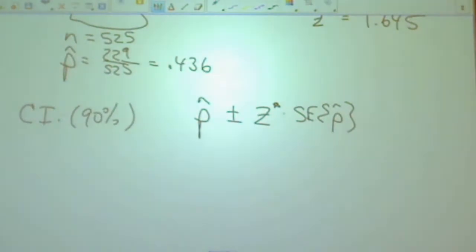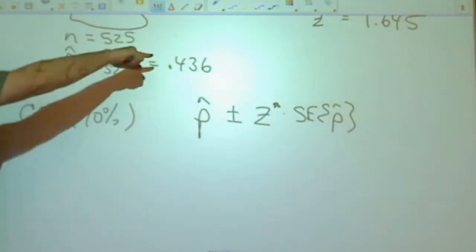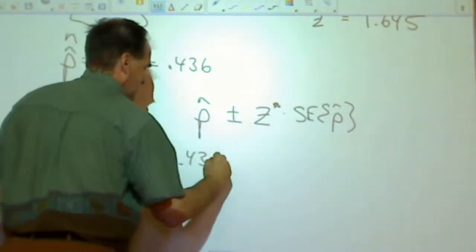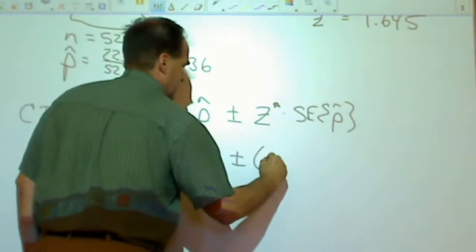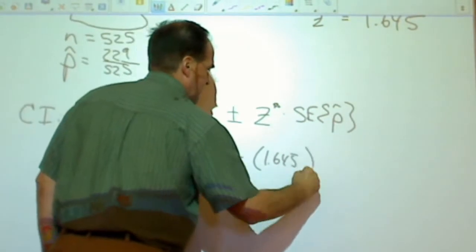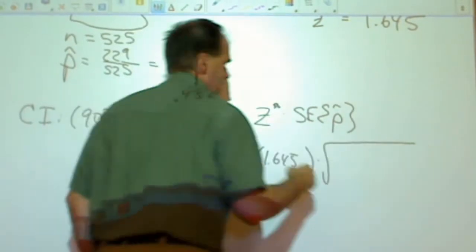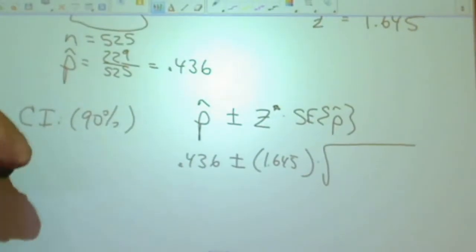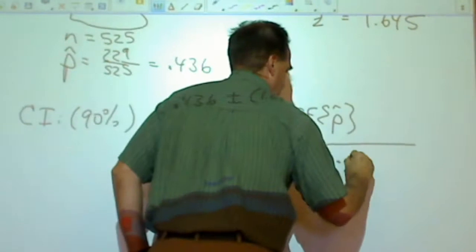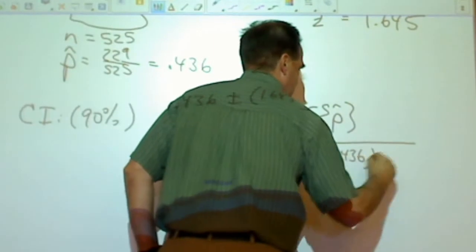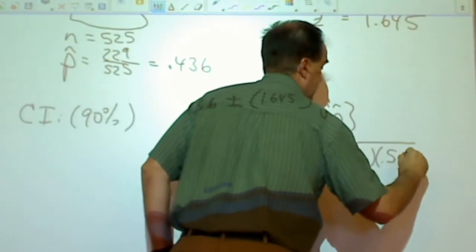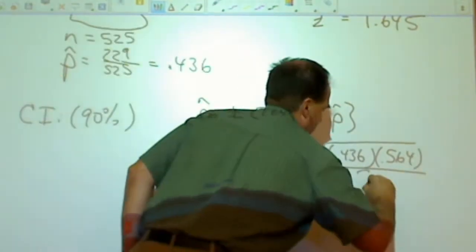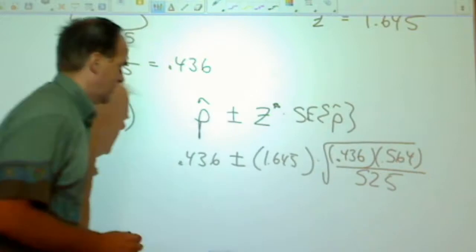And for standard error, I'm still using the P hat. So this is 0.436 plus or minus 1.645 times the square root of P times Q over N. That's on the sheet. So P is 0.436, Q is 0.564, and N is 525.